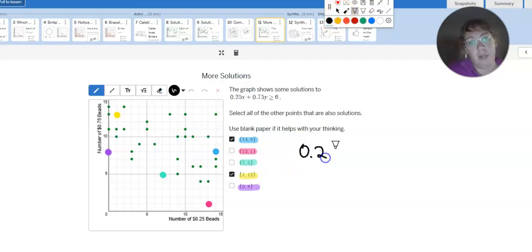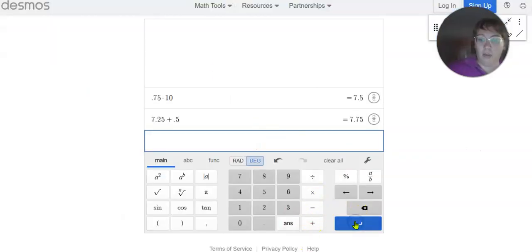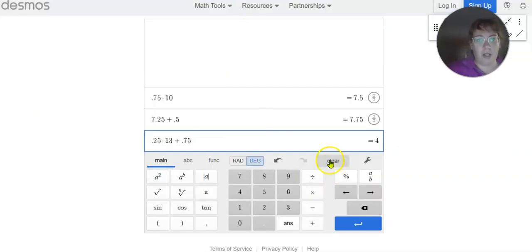So for the first one, we have 0.25 times our x value, which is 13, plus 0.75 times 1. And we're wondering if that's greater than or equal to 6. So it was 0.25 times 13 plus 0.75 times 1, which gets us 4.